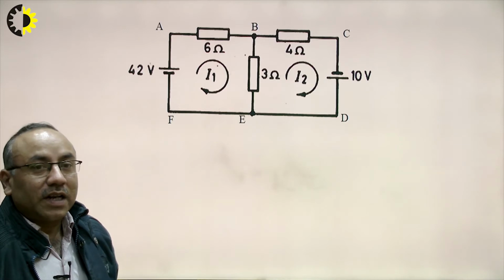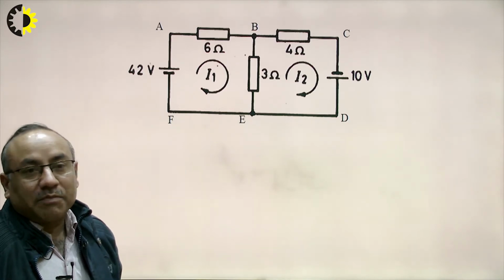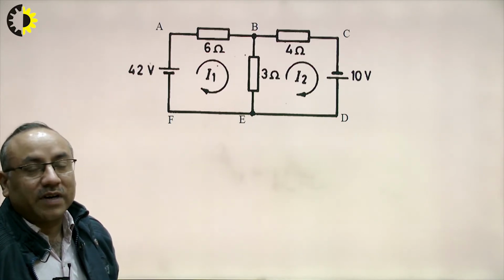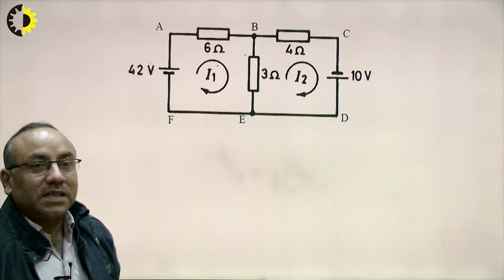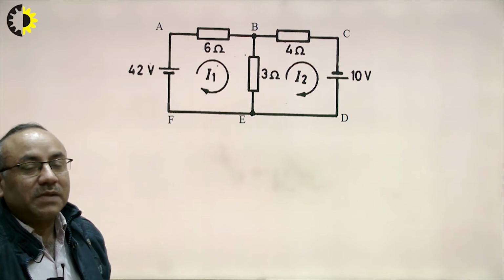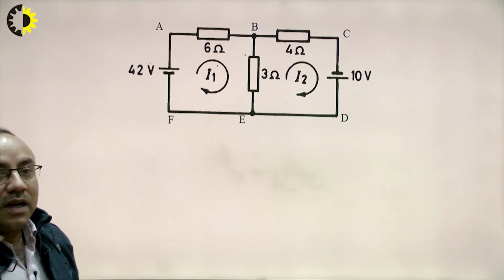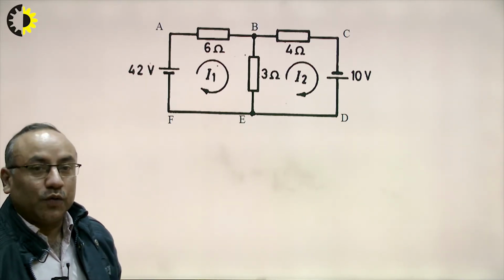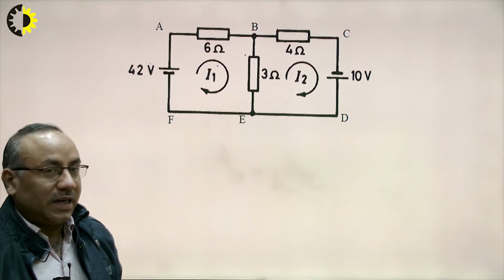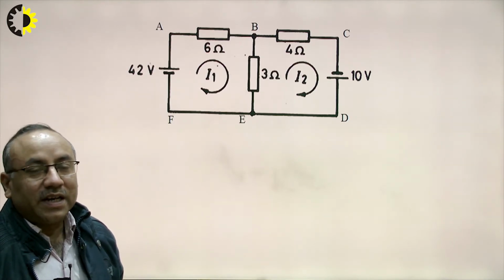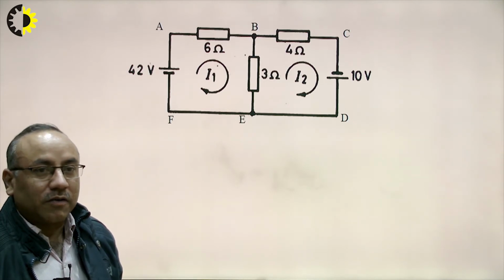So, if we are to analyze this circuit with the help of mesh analysis, the first step is to assume the mesh currents in the two meshes of this circuit. In the first mesh I assume mesh current I1, and in the second it is I2, and we can take any orientation arbitrarily for these mesh currents, clockwise or counterclockwise.